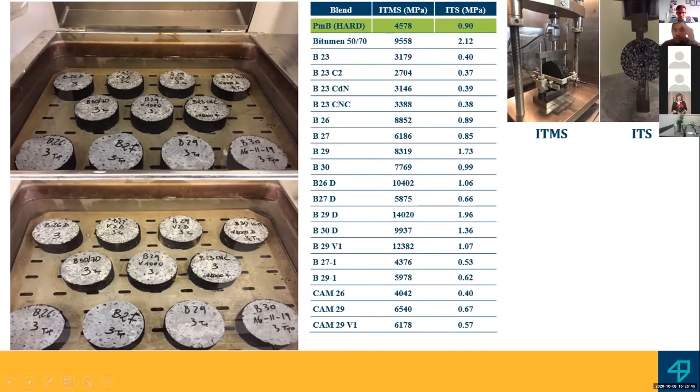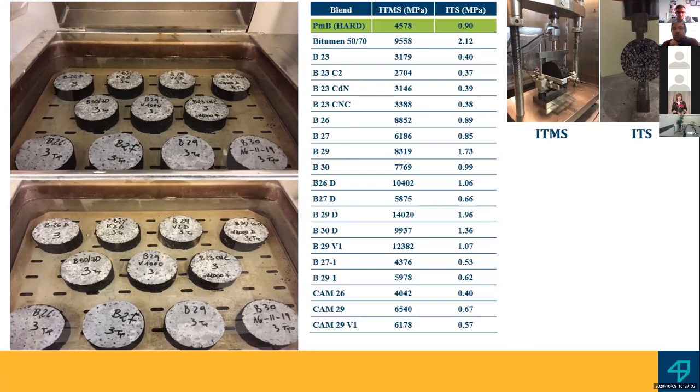As you can see here, for a polymer modified bitumen, a hard modified one, the ITS modulus is 0.90 and the ITSM modulus is over 4,000.